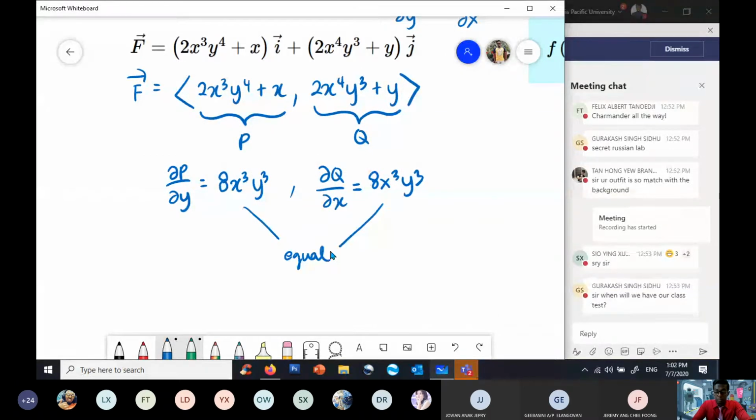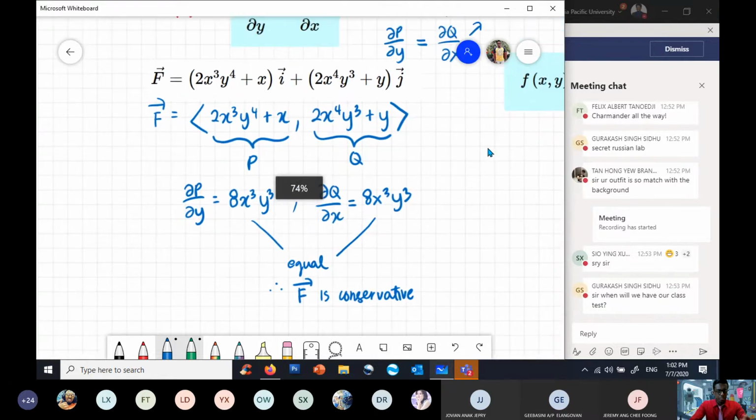I get the same answer. So my conclusion, because I get the same answer, is that the vector field F or vector function F is conservative. I haven't found the scalar potential yet, that's another story. But for the moment, I concluded that it is conservative by finding the two derivatives here.